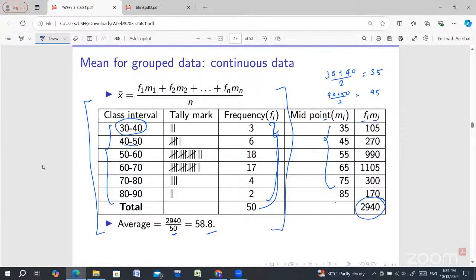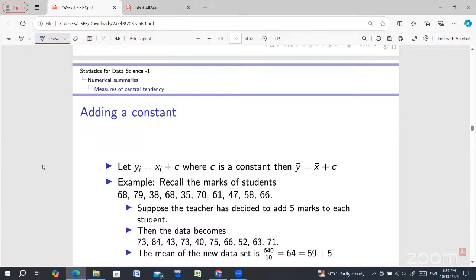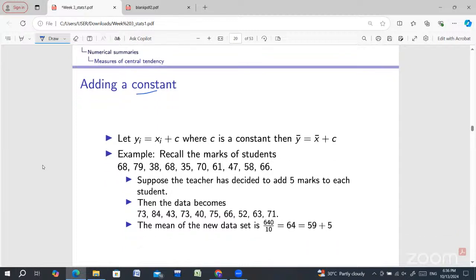Now we will see that if we add a constant to each data point, how will it affect the mean of the data set? Suppose initially your data set is x1, x2, x3 up to xn.